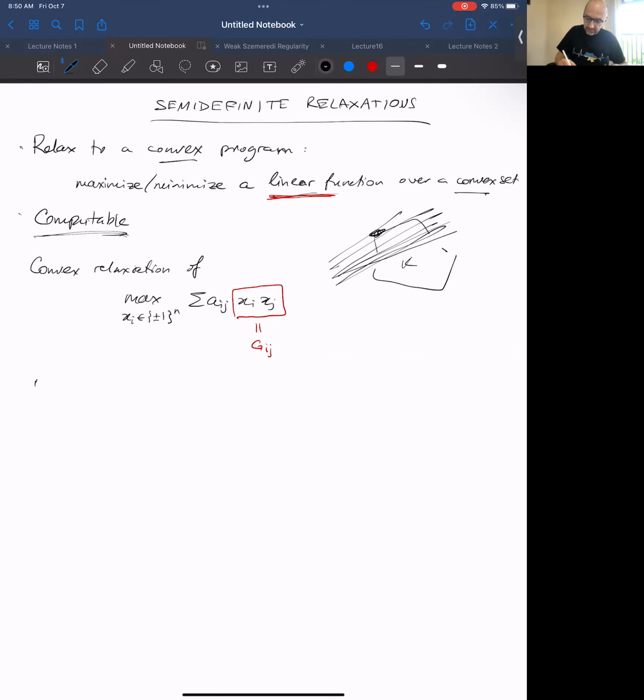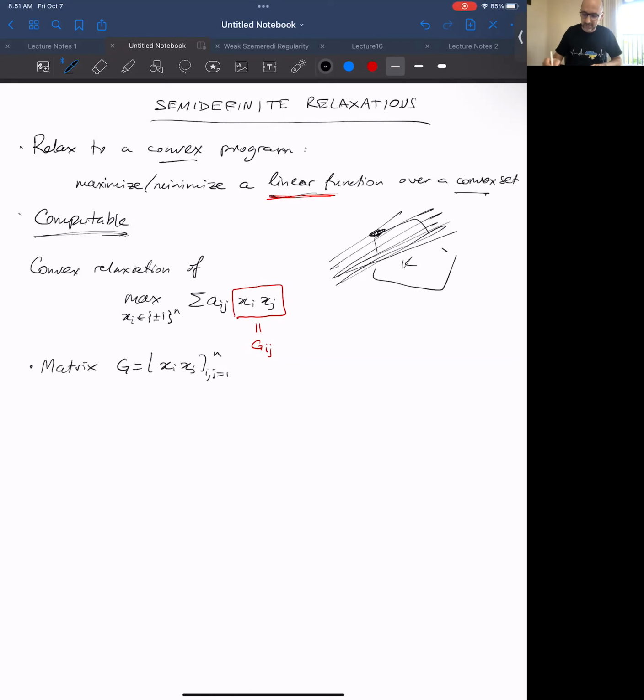So in other words, the new variable now is not x, but it's a matrix G, which has entries xi xj, i and j from 1 to n. So if we solve it in G, we will get it. But the problem is that, again, the tightness is nowhere near.